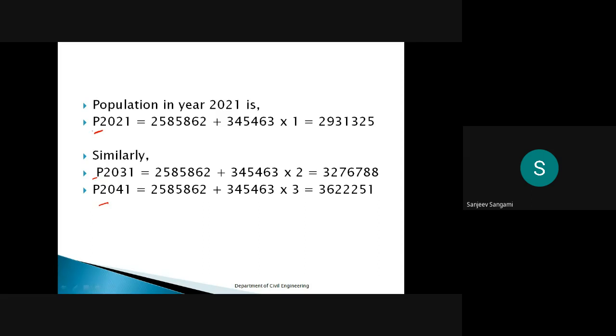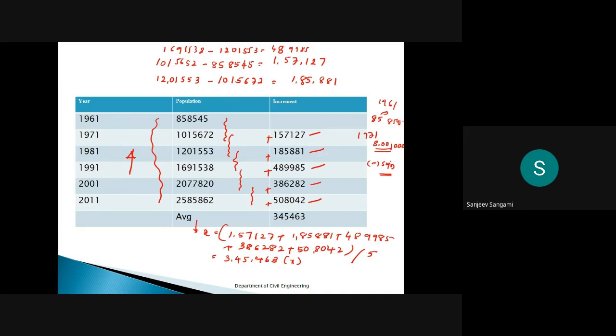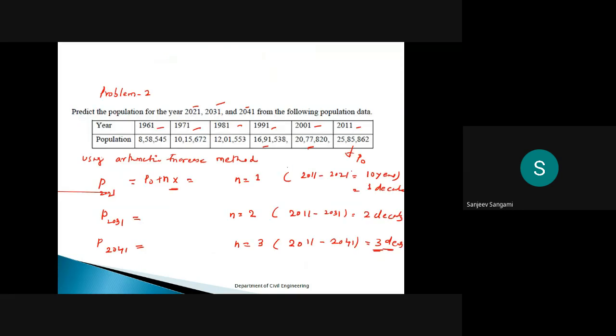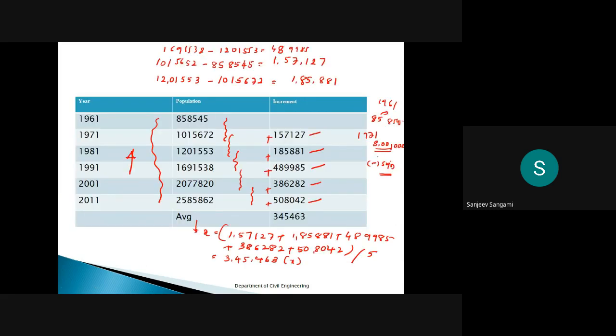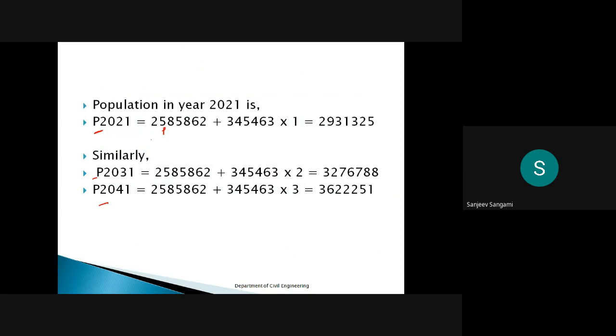So the population at 2021: the last decade population, that is 25,85,862, will be considered as P naught, the last known decade population. This remains constant, and this is the average, that is x.